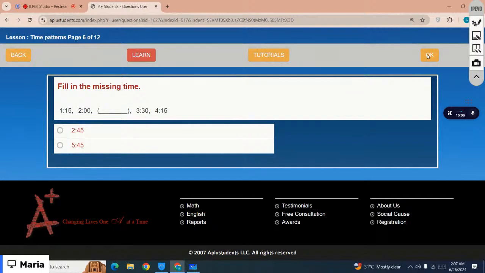Which time is missing? The correct option is 2:45. Option number 1 is the correct option.